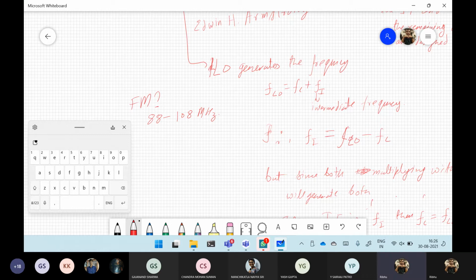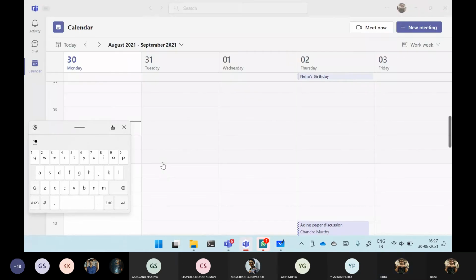FM also uses a super heterodyne receiver and supports stereo sound. FM signals have a bandwidth of 200 kilohertz.